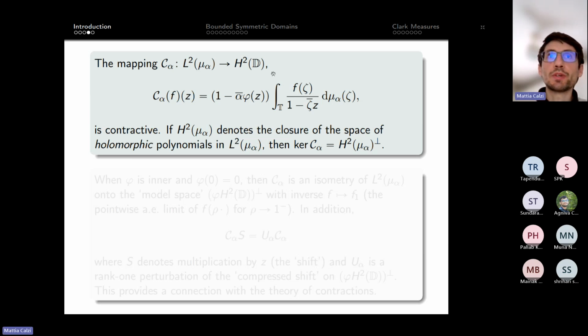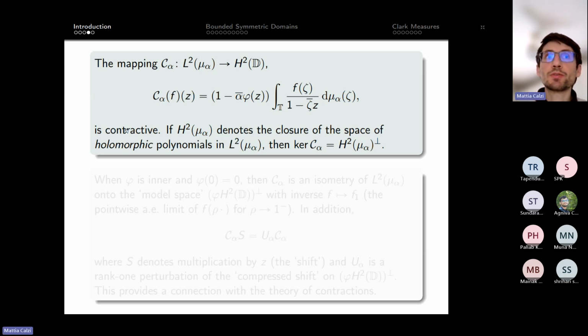The link is this operator, which is the normalized Cauchy transform, because this object here is the Cauchy integral of the function f with respect to this measure mu alpha. This is the Cauchy kernel. And this object here, at least when phi maps the origin into itself, is the reciprocal of the Cauchy transform of mu alpha. So this is a normalization of the Cauchy transform with respect to the Cauchy transform of mu alpha. And this is called the normalized Cauchy transform.